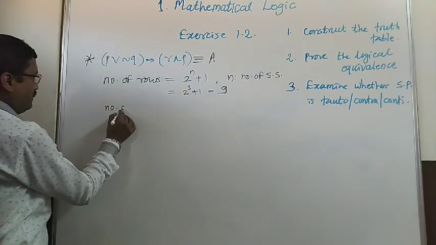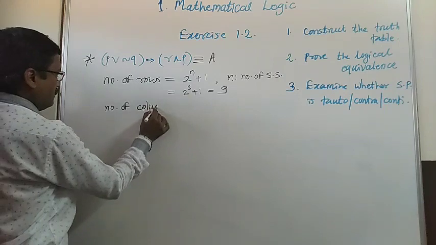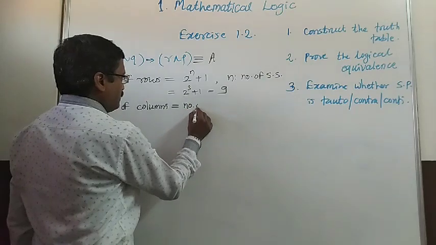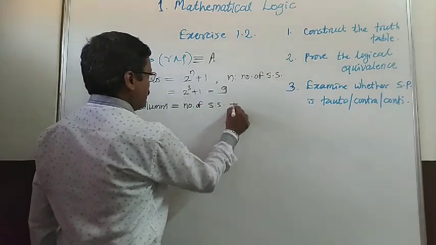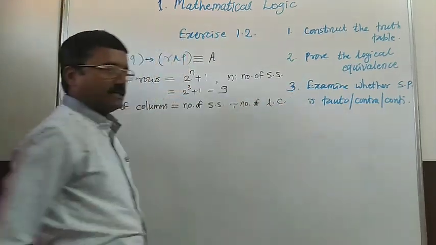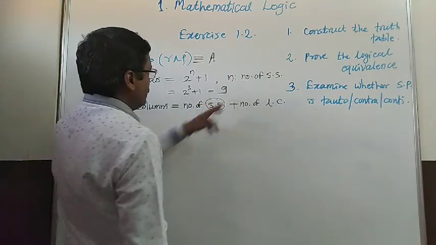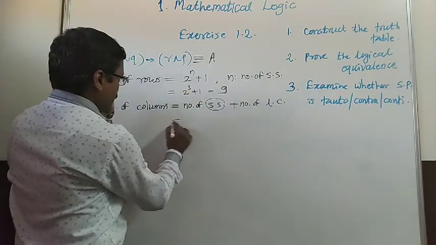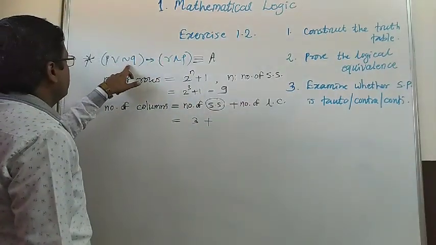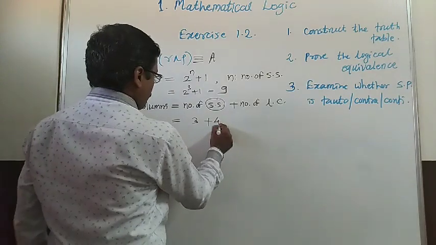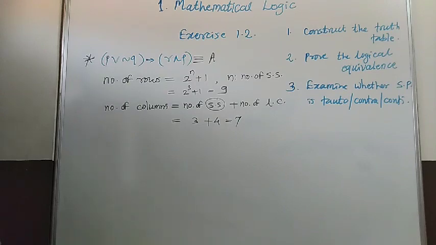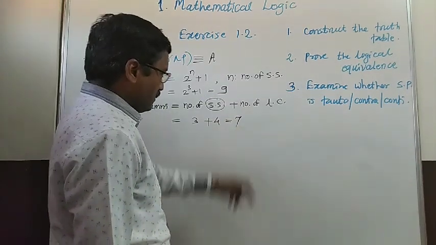And the number of columns is equal to the number of simple statements plus the number of logical connectives. The number of simple statements is 3 here, and the number of logical connectives is 1, 2, 3 and 4. So we have 7 columns. So we need 9 rows and 7 columns.